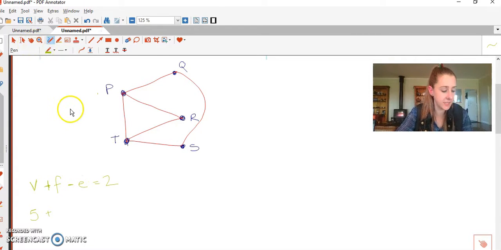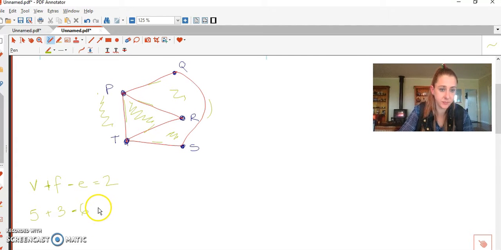Faces, how many faces have we got? We've got this one in here. Remember that the faces must be enclosed within at least 3 edges. So we've got 1 here, 1 in this space, and then outside as well. That's 3 faces. Then we're going to take away the number of edges. We've got 1, 2, 3, 4, 5, 6 edges.